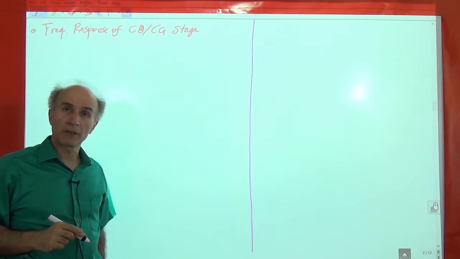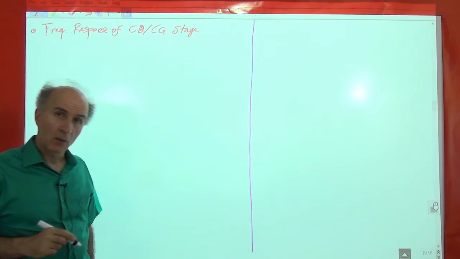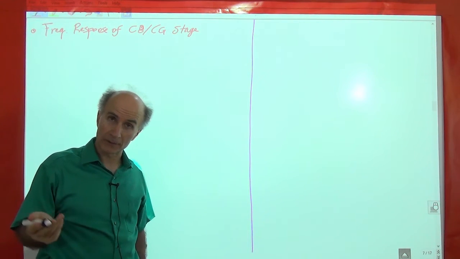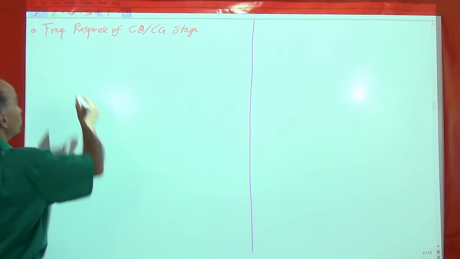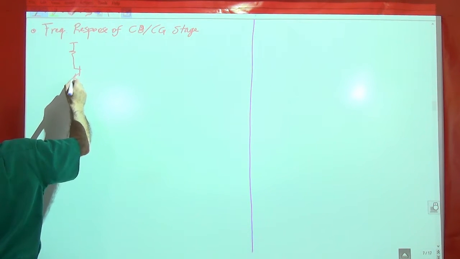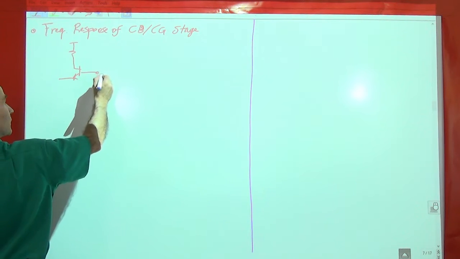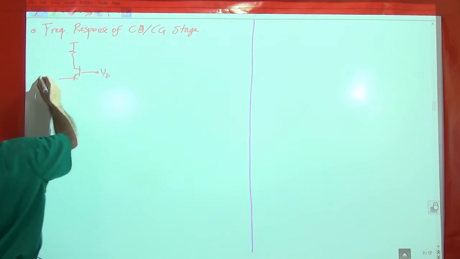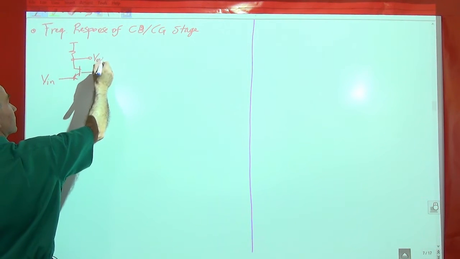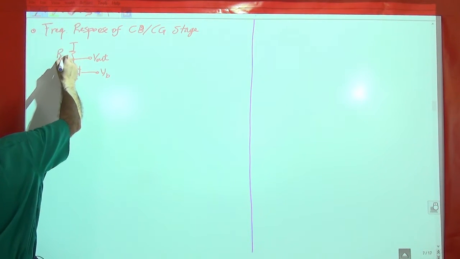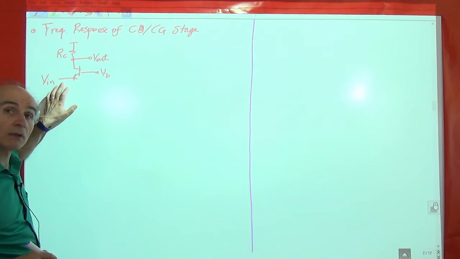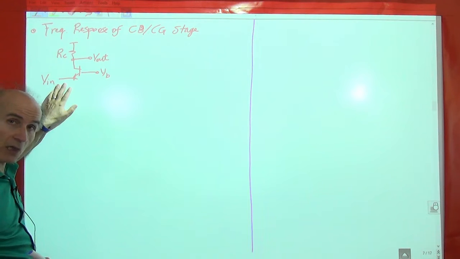Okay, I refresh your memory from Electronics 1 why the common base or common gate stage is interesting and useful, right? So if you remember, if you look at the very basic structure that we have here, this is some sort of bias. The input goes here, and the output comes out of here, and there's a load resistance. We said that in this amplifier, the input impedance is not high, in fact, it is low.